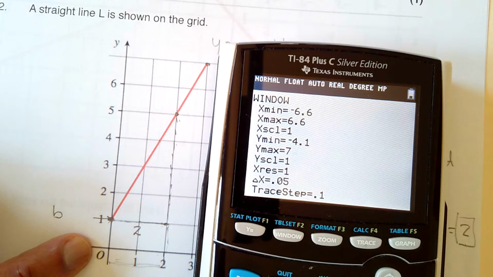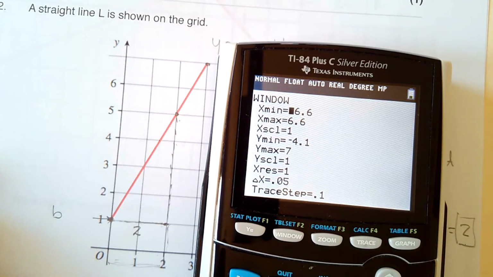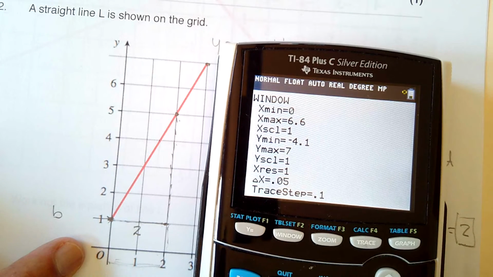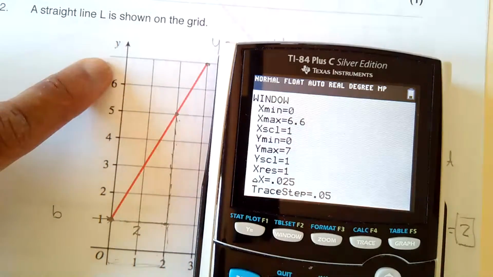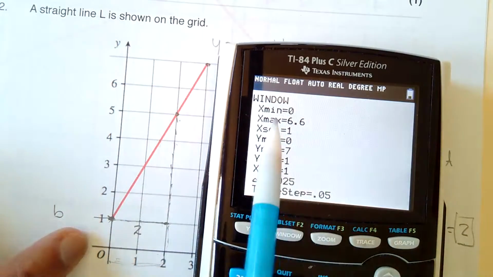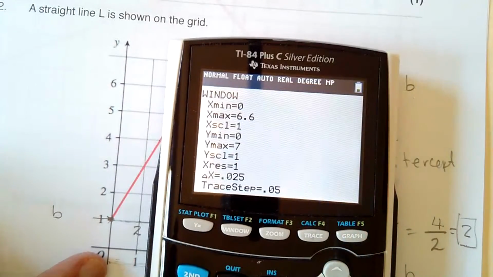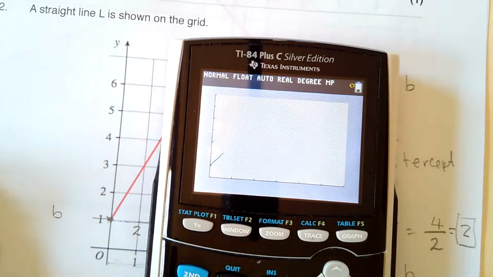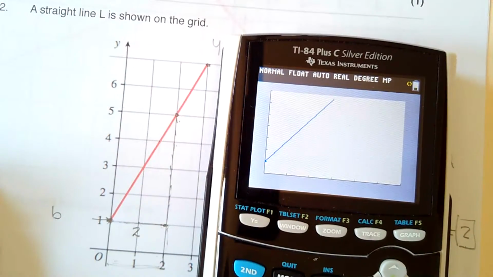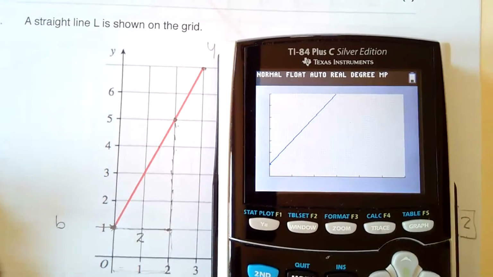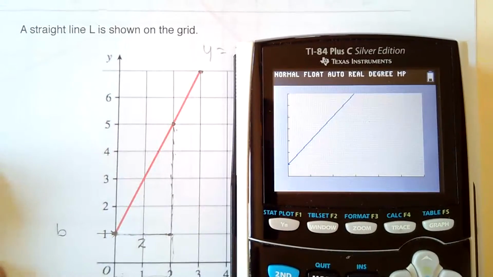And I'll start from 0. My x minimum is 0 here. My y minimum is 0. My y maximum is 7, and my x maximum I'll put up at 6. So my window looks almost alike to the one on the graph paper here.